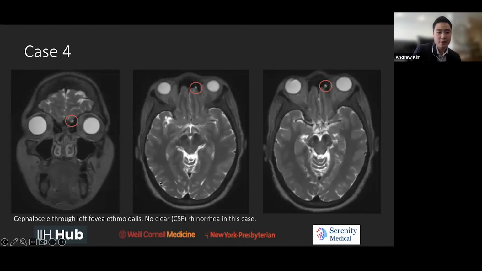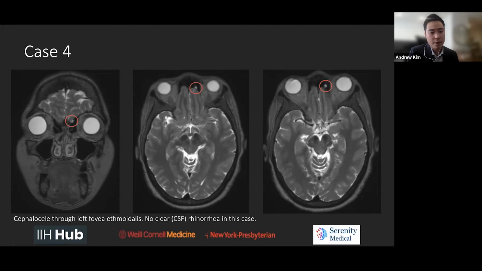And in this particular patient, near the left inferior anterior frontal convexity, we can even see a cephalocele here. This is the coronal view of a T2 sequence, and in the axial view, you can see here in the circle that there is a protrusion of the meninges through the left fovea ethmoidalis.